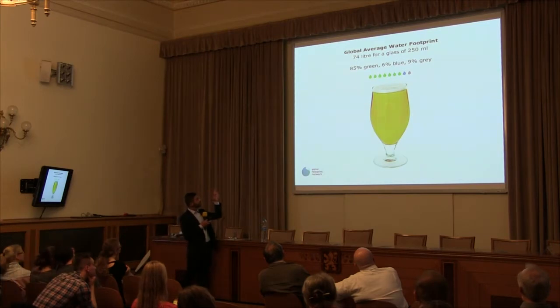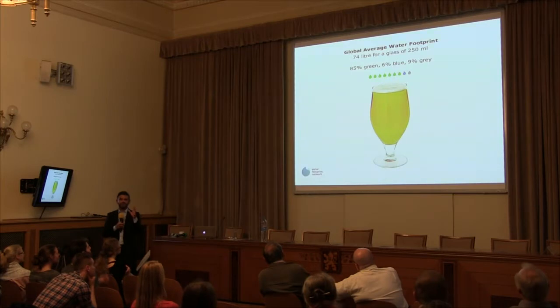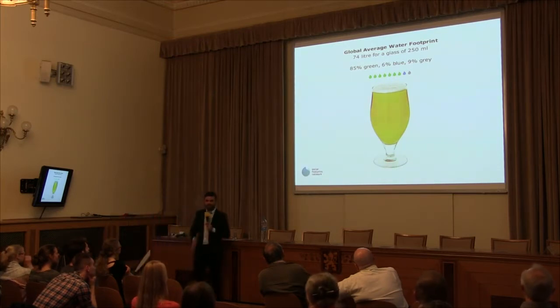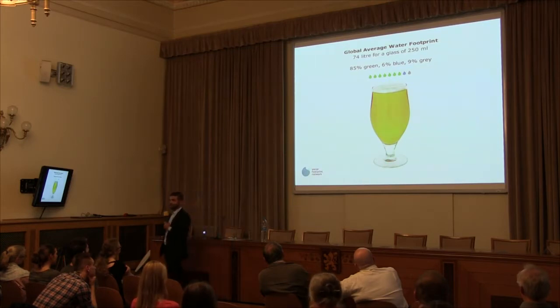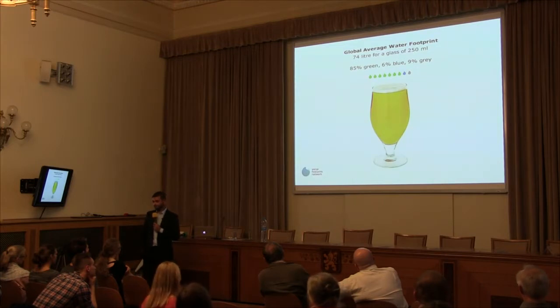I will come to what green, blue, and gray mean on the next slide, because the water footprint has different components. So water footprint means the amount of water that is embedded, used, consumed, and polluted to produce a product. That's the product water footprint.